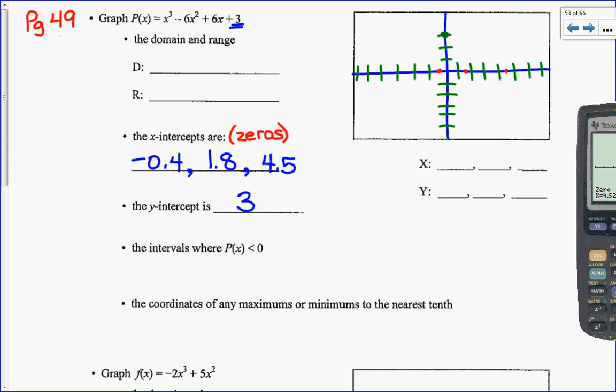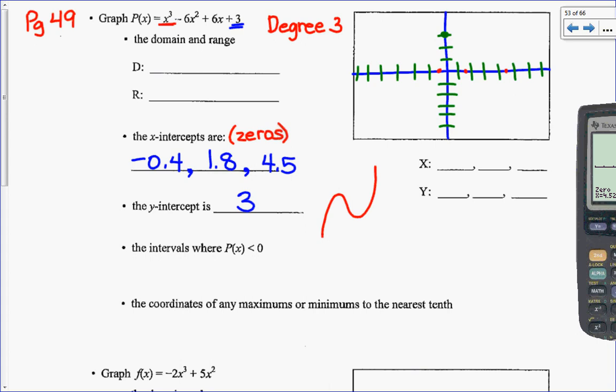Okay. Now I do know the degree of this function. I know that it is degree 3, which means that the shape I should be expecting this graph to take is this general shape. I also know that it has a positive leading coefficient of 1, which means that its end behavior is that it is rising.